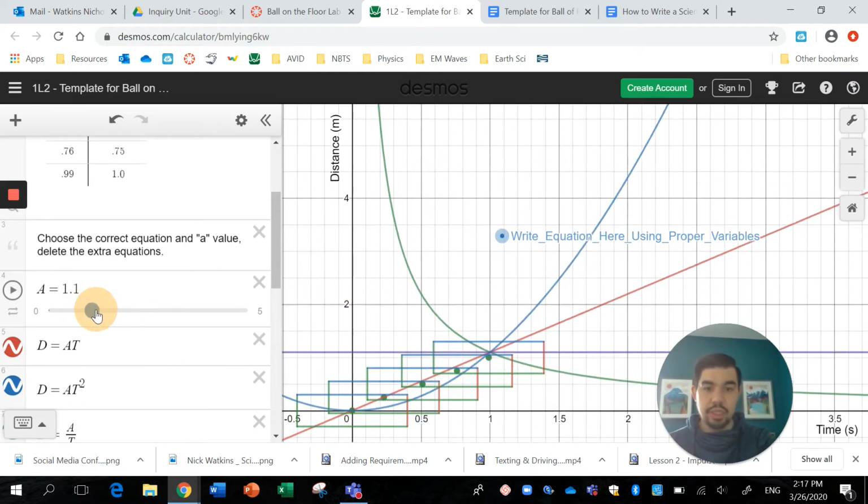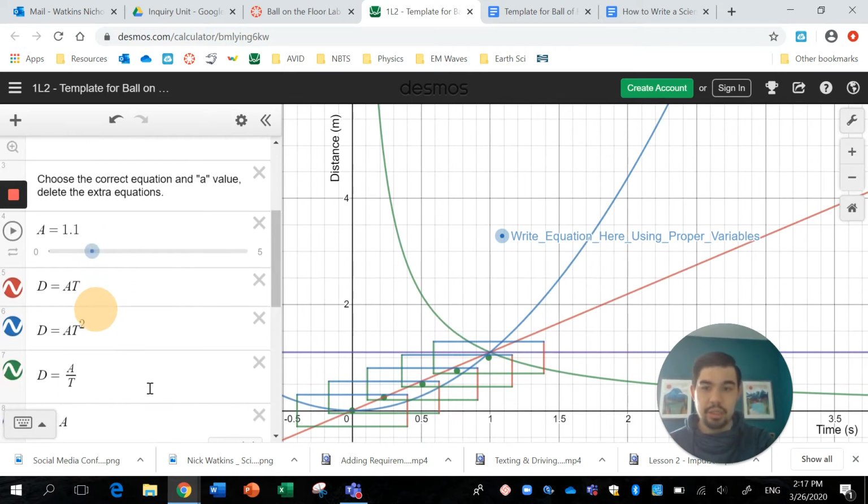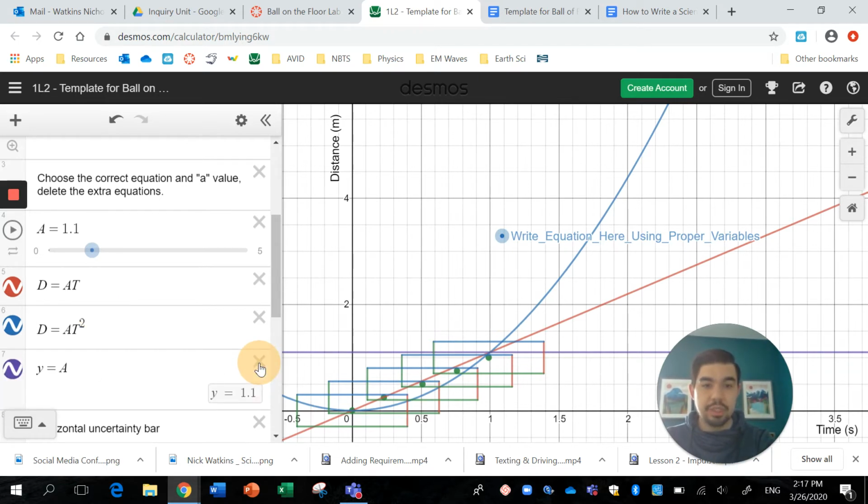I see this green inverse line is clearly not going to fit my data. The green line, D equals A over T, is the format of an inverse pattern, which is y equals A over x. I'm going to get rid of that, which clears it up a little bit.